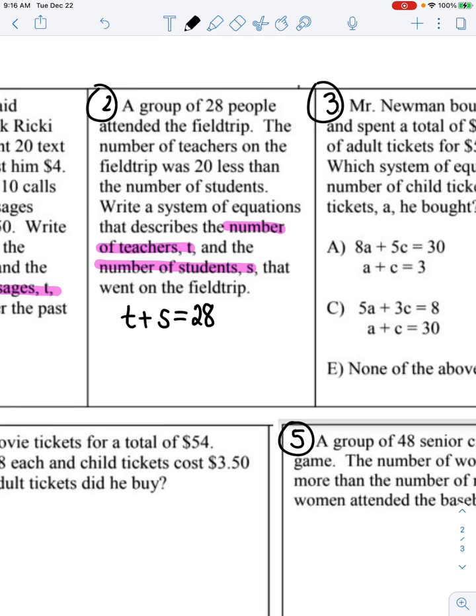The number of teachers on the field trip was 20 less than the number of students. So if you look, the first one kind of looks like standard form, and the second one looks like slope-intercept form, y equals mx plus b. So that's kind of the thought process that we use to write our system.